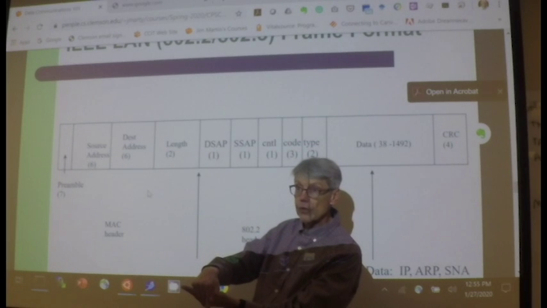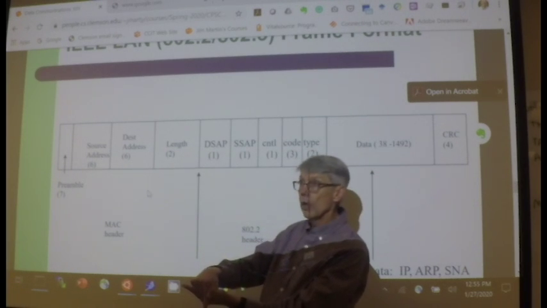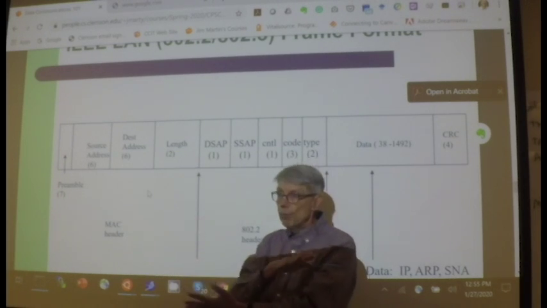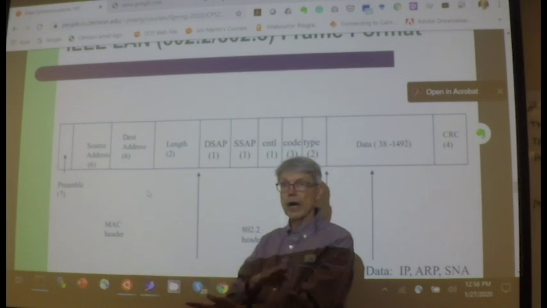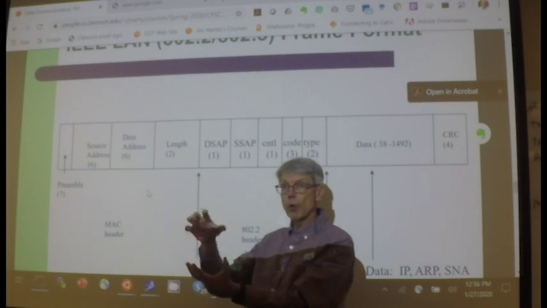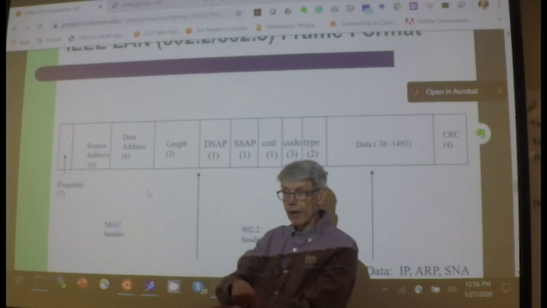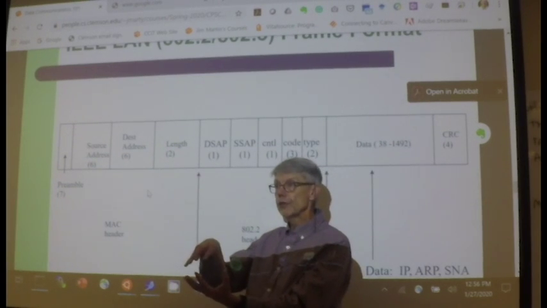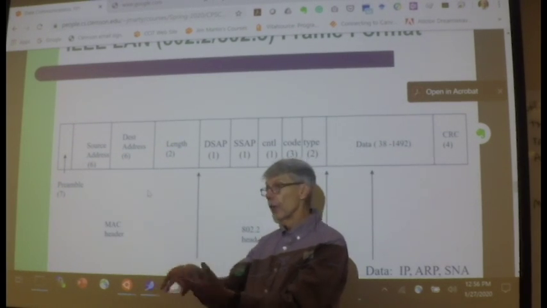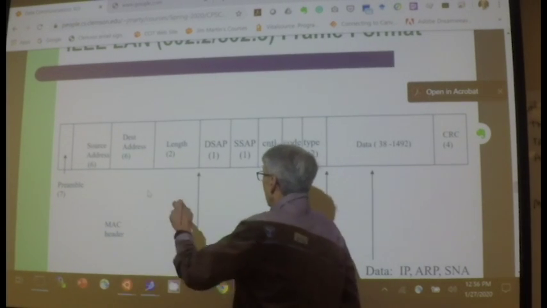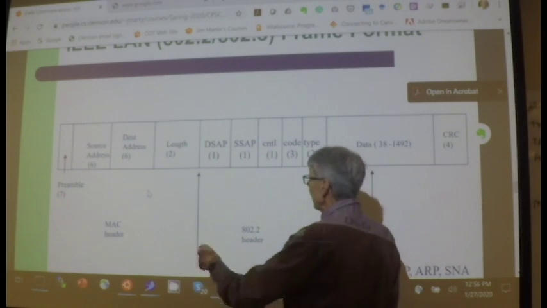That then goes down to the link, where there could be multiple interfaces on that machine. So part of the network layer is to figure out which interface to use. Once it figures that out, it builds the frame and passes that to the link layer.